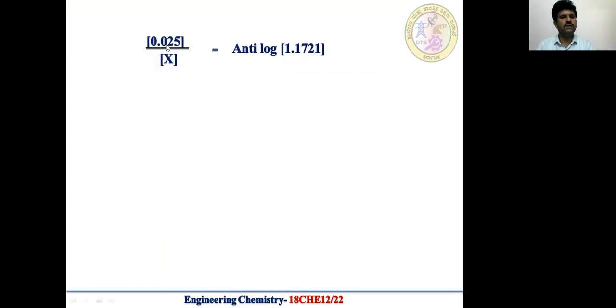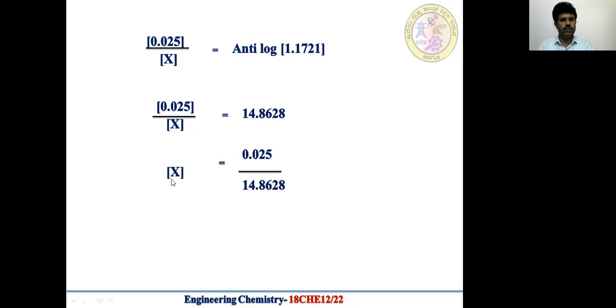So 0.025 divided by X is equal to the antilog value of 1.1721. The antilog value of 1.1721 is 14.8628.